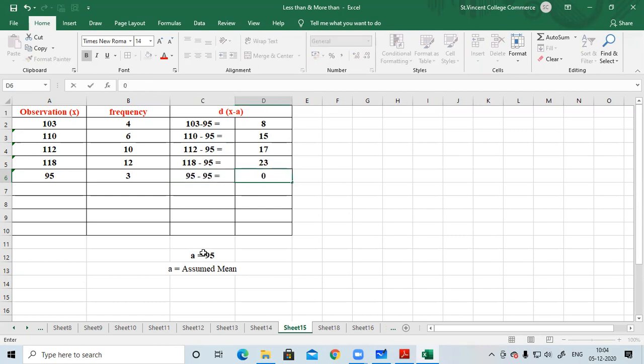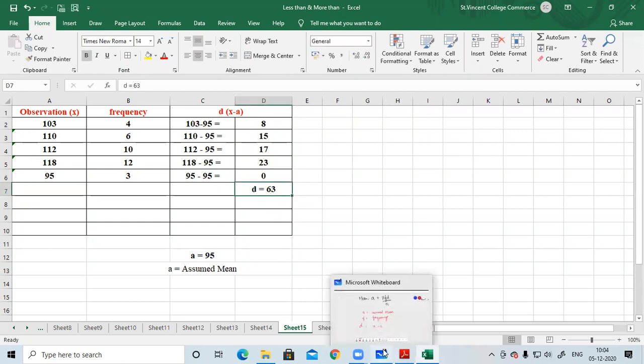Good, 0. Now take the total of D. Add up the entire column for D because we need sigma D, the sum of D. Did you get it? 63. Correct, 63. This is the D. But if you observe the formula now, I don't need only D. In fact, even if I don't take the total, no problem.